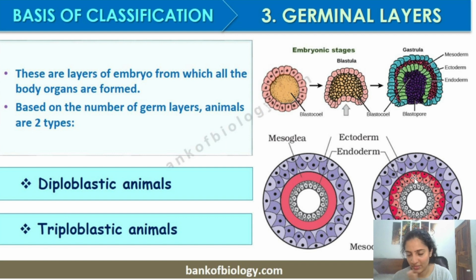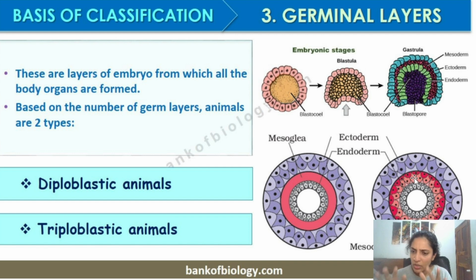That you will learn in your second year, but the further development will lead to the formation of three different layers: ectoderm, the exterior one, mesoderm, the middle one, and the innermost one, endoderm. The outermost layer will become the skin of your body, the mesoderm, the center layer, will become the internal organs in your body, and the innermost layer, the endoderm, will become the lining of your internal organs. So this is how it works.